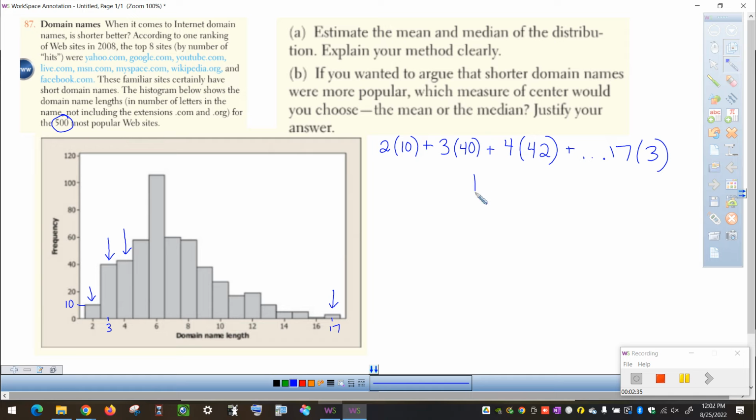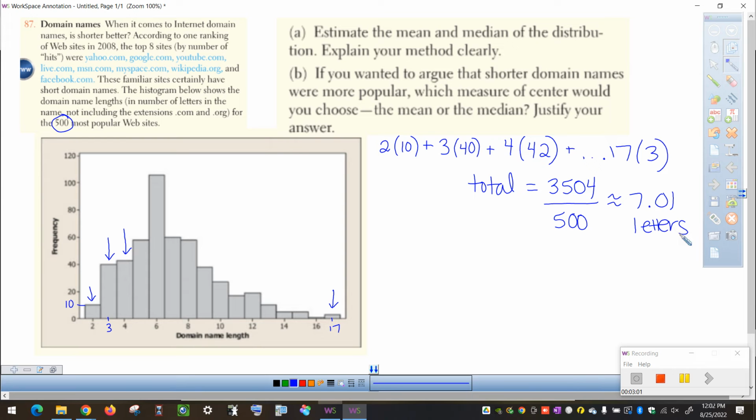That ends up giving me a total number of letters equal to 3,504. Then I'm going to divide by the number of websites represented here, which is 500. That gives us a mean of approximately 7.01 letters.